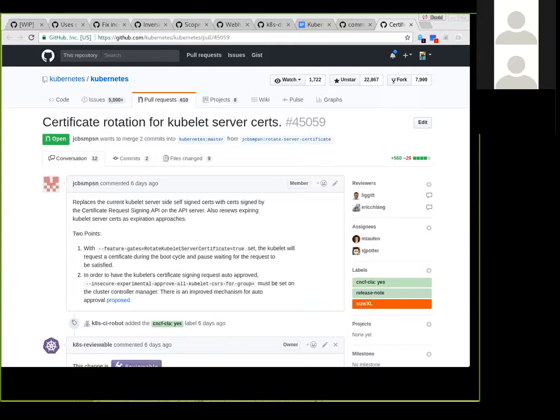So the different levels are either just granting the permission, like once you identify that a particular CSR falls into one of those categories, you can either just approve that type of request to say any node can ask for a new client cert for itself, or you could go all the way to attestation or TPM checks against the node, kind of out of band.